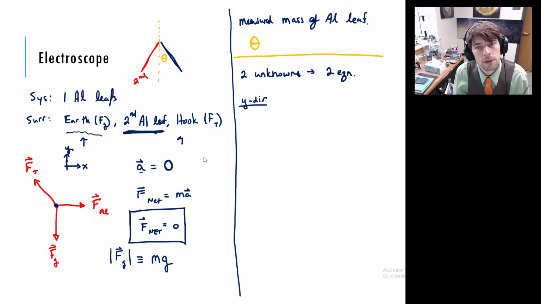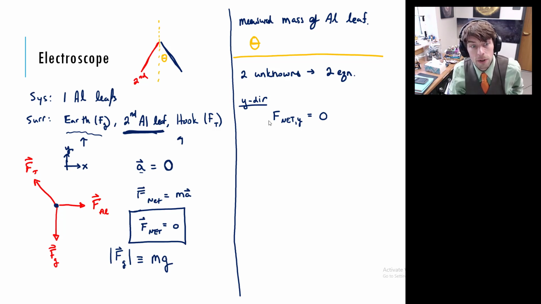Looking at the y direction, I can write the net force in the y direction is equal to 0. And what can I write down for the net force? What specific forces that I have in my free body diagram should I include in that expression? Yeah, good. So let's go through. We have, put in the vertical here, we have the tension force, but we don't need the magnitude of the tension force.